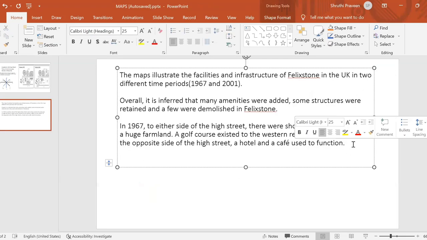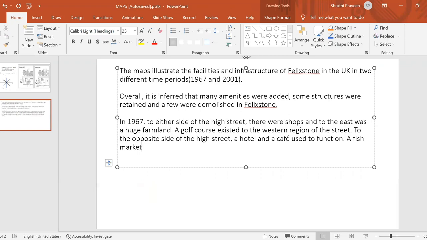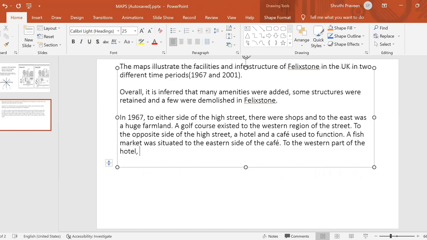These are the changes we can see in this area. Okay. Now I'm going to mention the fish market. A fish market was situated to the eastern side of the cafe, and to the western part of the hotel there were sand dunes.